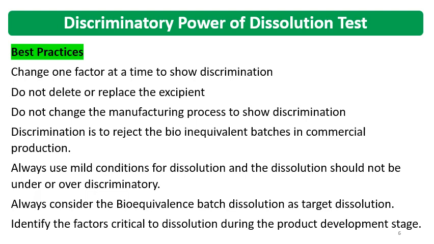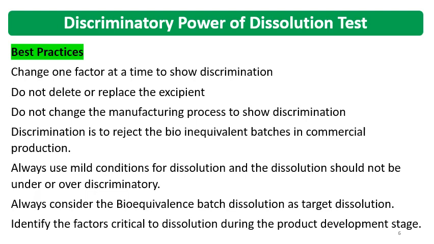Always use mild condition for dissolution, and the dissolution should not be under discriminatory or over discriminatory. See, dissolution is a very vast topic, and while giving the dissolution specification, while developing a dissolution method, many of the factors are involved. So always use the mild conditions.